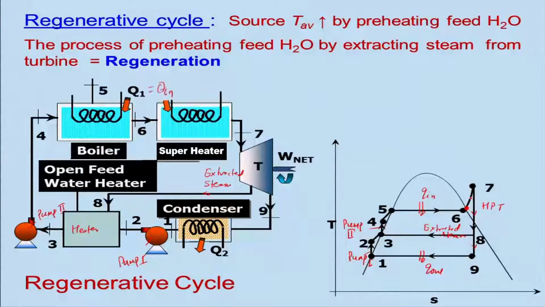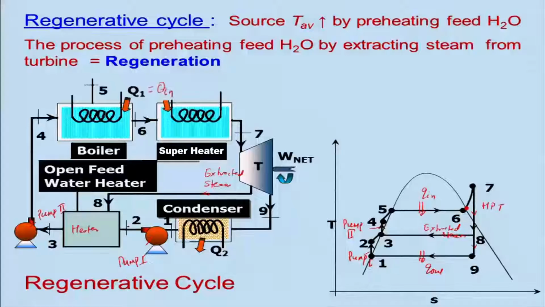In the open one, the extracted steam, which will be at high temperature, is mixed with the cold fluid coming from the condenser, mixing together, and the temperature is raised. That is the open feed water heater. But there is another way of doing that. What is that?